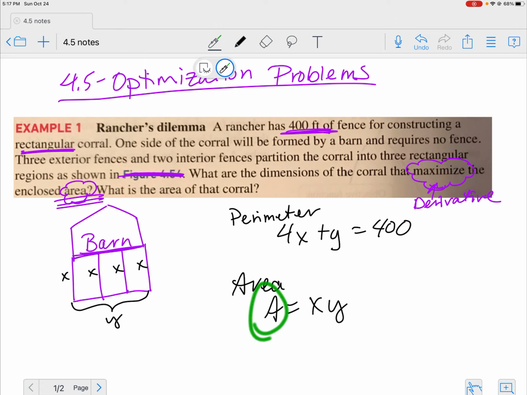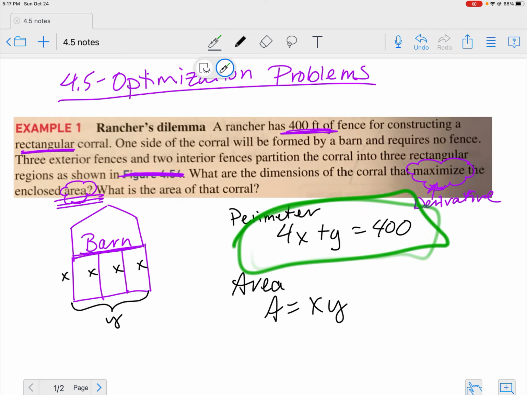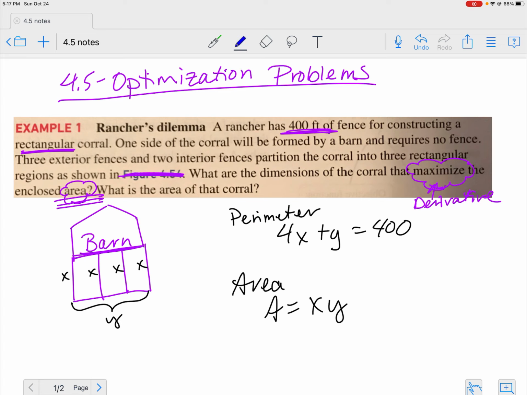I just want to find the derivative here of area. I don't have a value for area, but I do have some information right here. So we're going to use it, and that's the point. If I manipulate this and say y is equal to 400 minus 4x, that is the exact same thing, and I can take this and plug it in so you have a single variable you're working with.